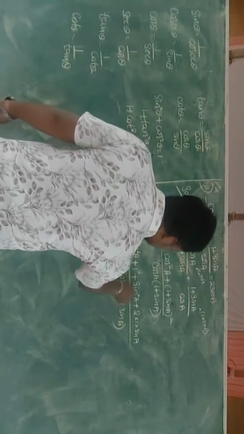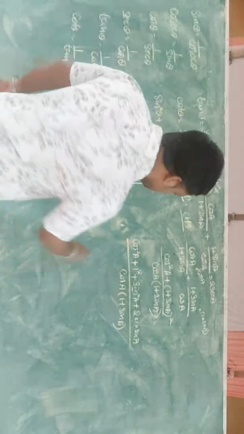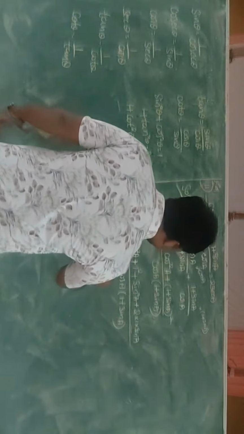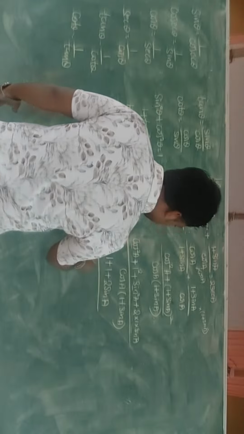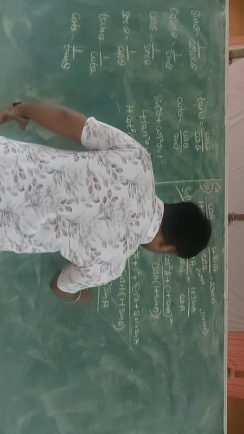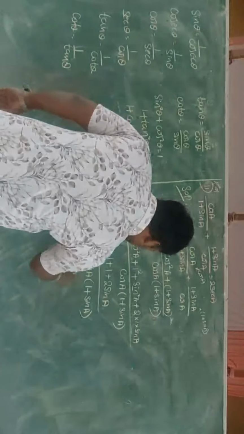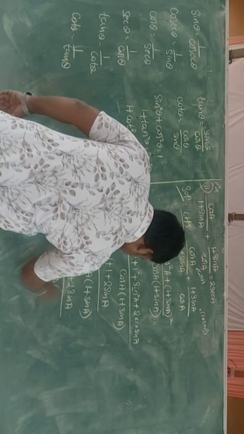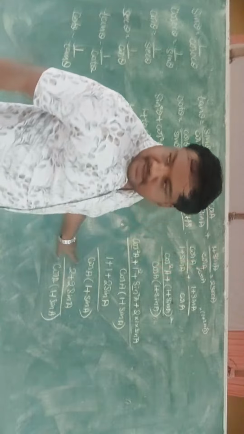Am I right? Now cos square A plus sin square A is nothing but 1. Rather than cos square A plus sin square A, I will write 1. So the remaining terms: 1 plus 1 is 2, plus 2 sin A, divided by cos A into 1 plus sin A. So 2 plus 2 sin A divided by cos A into 1 plus sin A. 2 is common in the numerator.